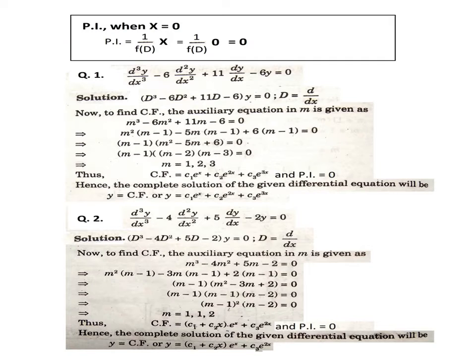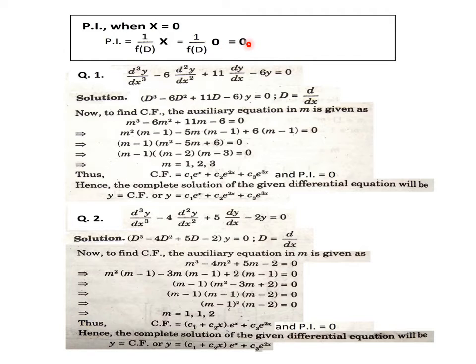In the previous slide we were discussing different cases for finding CF. Here we discuss one special case for PI, when the right hand side of equation 1, capital X, becomes 0. Then as per the formula of PI which we discussed earlier, 1 upon f(D) X, as X is 0, so 1 upon f(D) over 0 becomes 0.